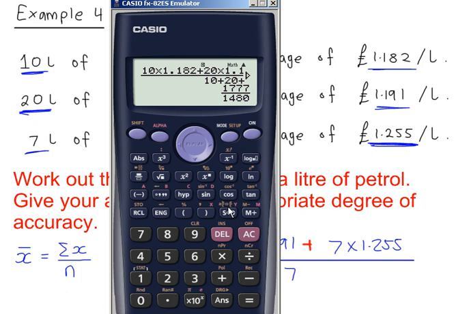And that gives 1.201. If we look at the price per litre here, if we use the same level of accuracy, so there's 4 significant figures there, so 1, 2, 3, 4, 1.201.